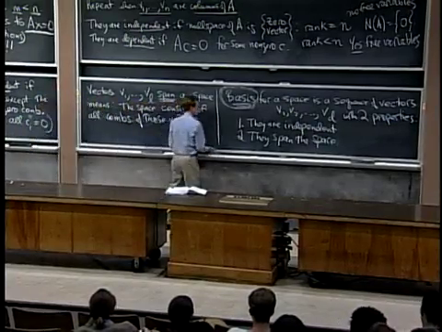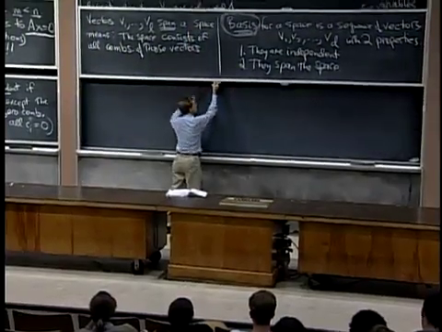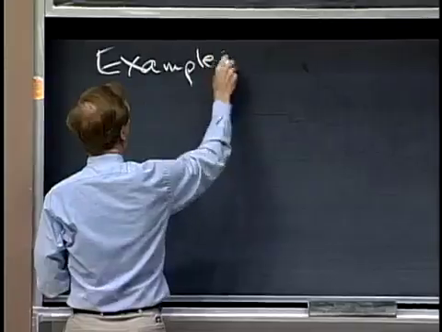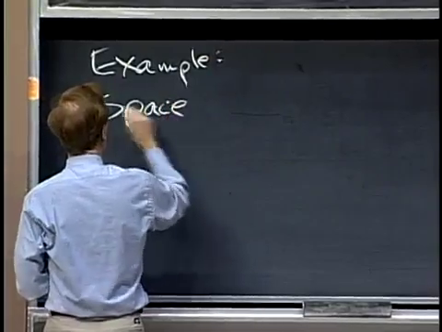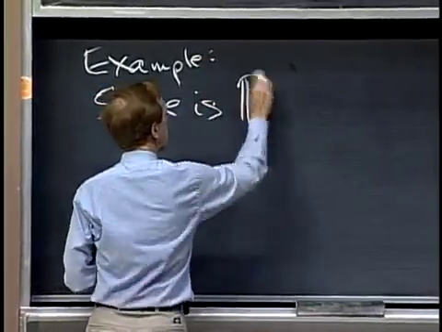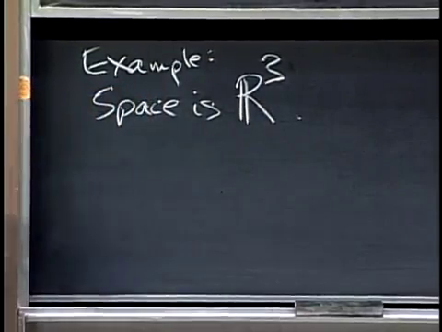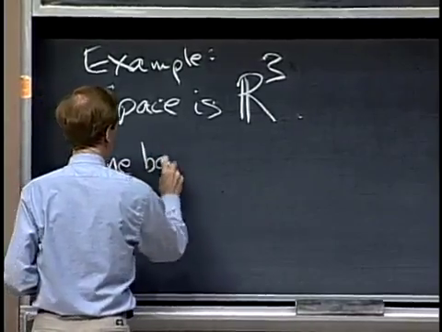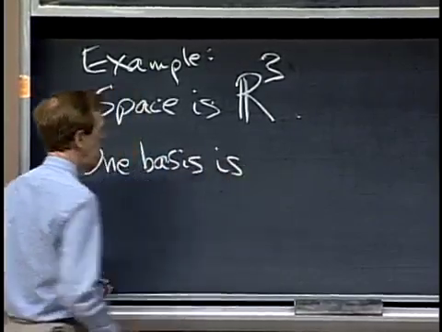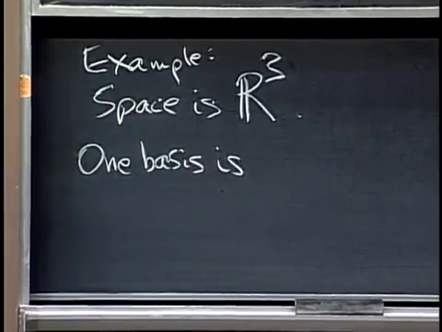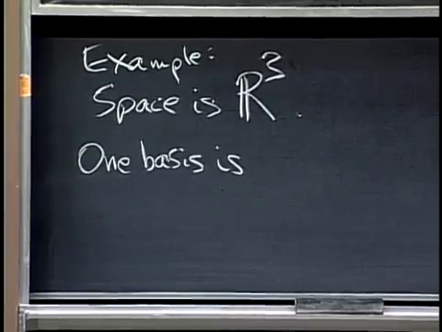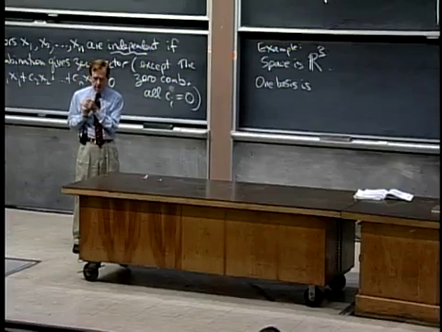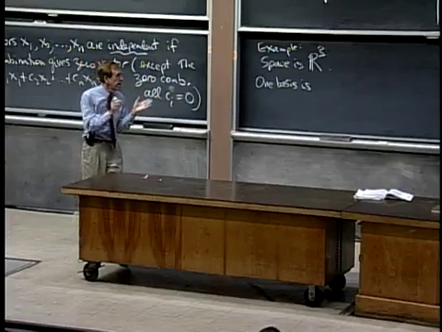Let me start with an example. The space is, let's make it R3, real three-dimensional space. Give me one basis. I want some vectors, because if I ask you for a basis, I'm asking you for a little list of vectors, and it should be just right.